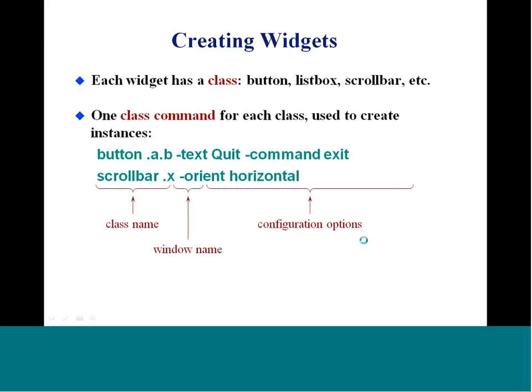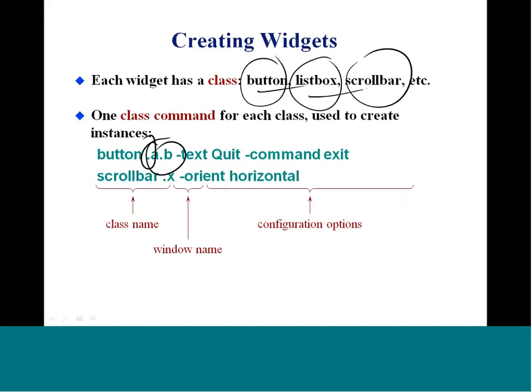Now how do we create widgets? Each widget has a class. It can be a button, a list box, a scroll bar, etc. And there is one class command for each class, used to create the instance. If you want to create a widget called .a.b, we need to use one of these commands, either button or list box or scroll bar.